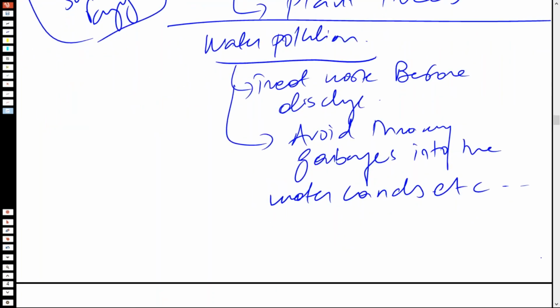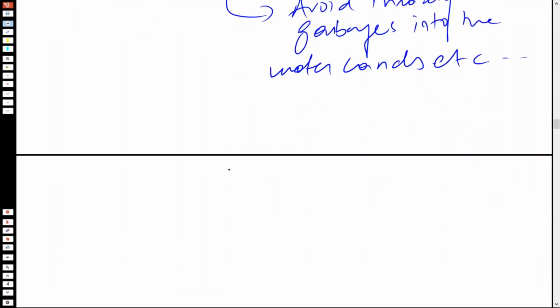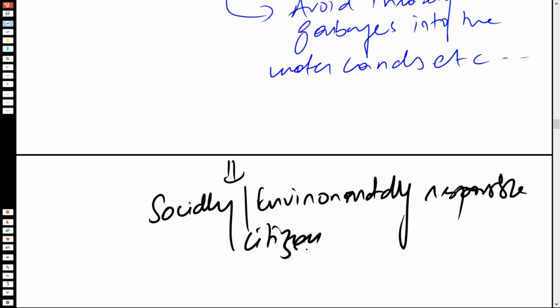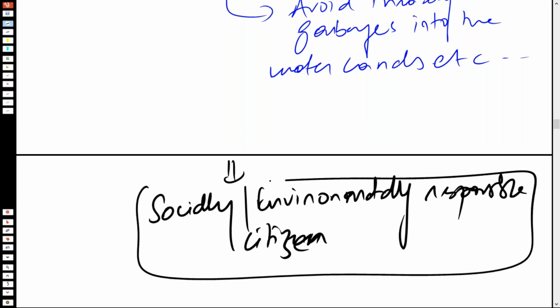All of these activities are being done just to make sure that you act as a socially and environmentally responsible citizen. I repeat, all of these activities are done just to make sure that you act as an environmentally responsible citizen.